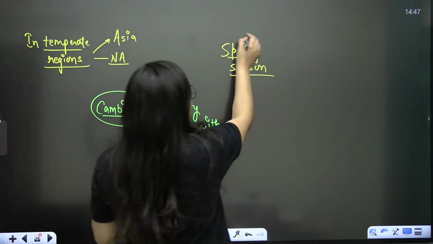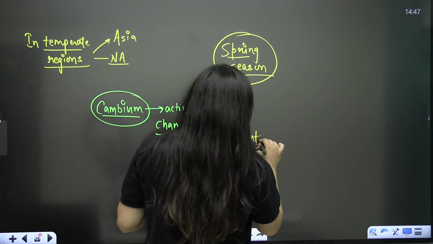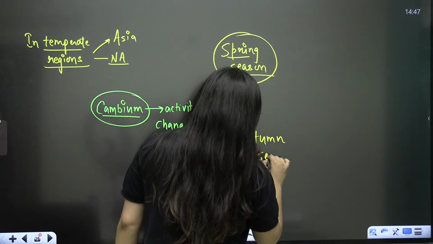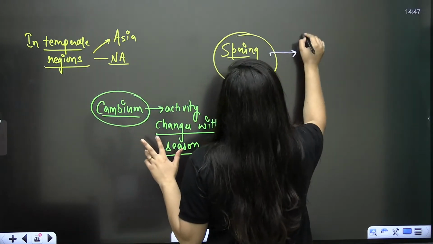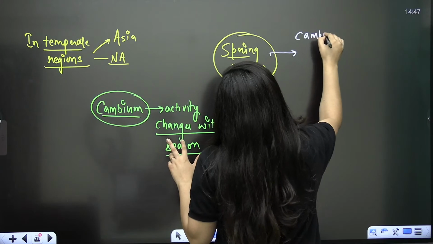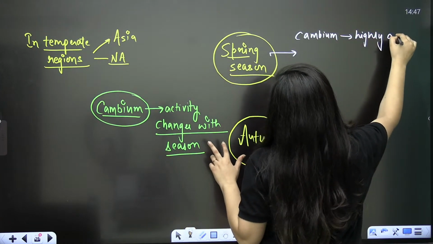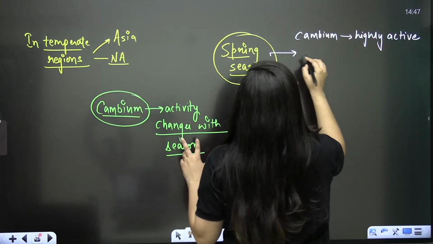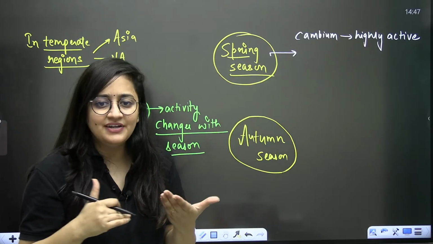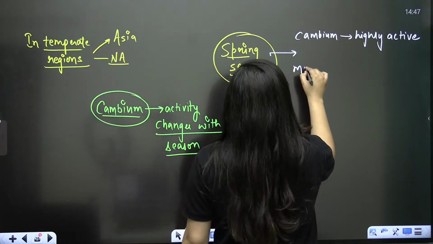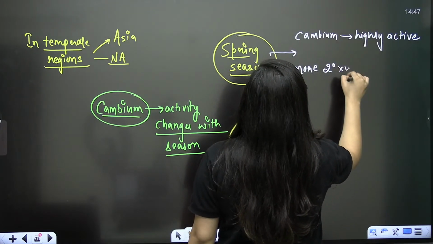So when it is the spring season, the cambium is very much active in comparison to the autumn season. In spring season the cambium is more active, so obviously more secondary xylem will form.